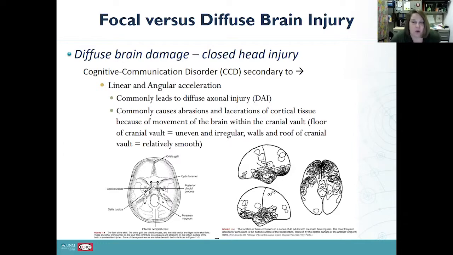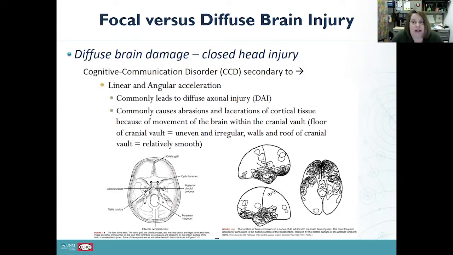So we know, because of the inside of the cranial vault, that ventrolateral anterior surfaces of frontal and temporal lobes are present alongside the diffuse axonal injury. So as you know, from this we get slowed information processing, impaired working memory and attention, executive functioning problems, and communication disturbances that arise from those different cognitive problems.